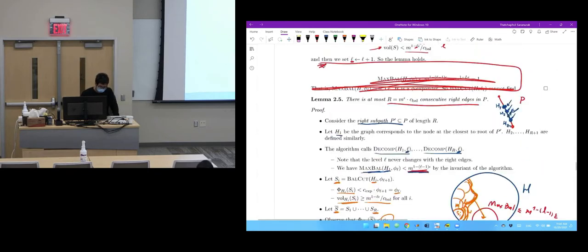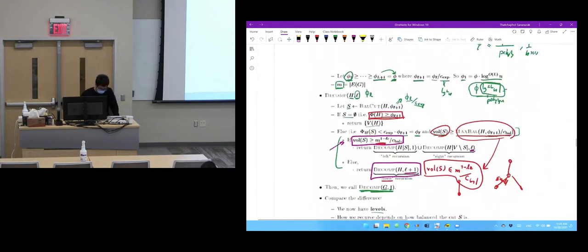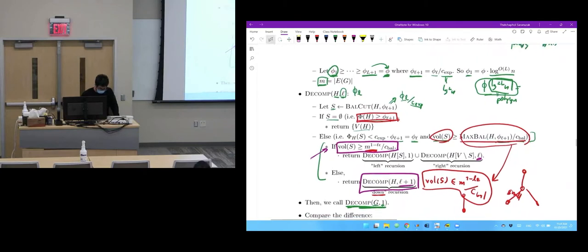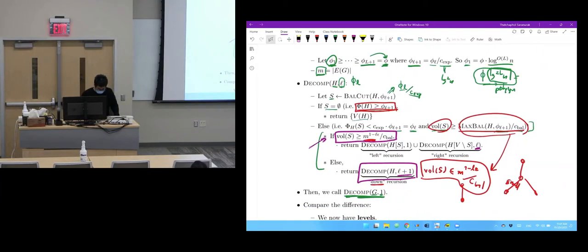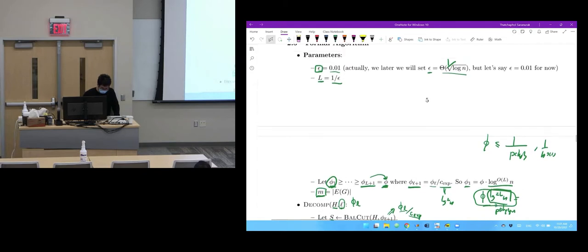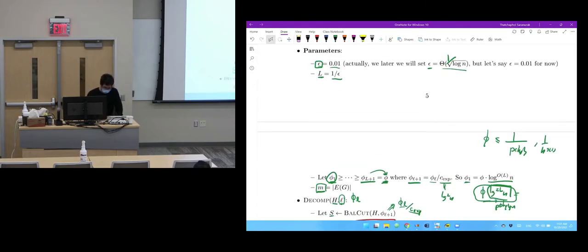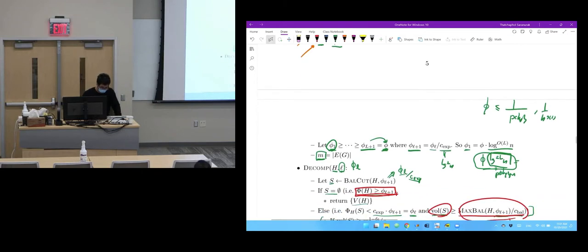So just to recall the algorithm. The algorithm is recursive. We have some parameters epsilon and L. L is for the max level, and then there are this many parameters for the conductance.